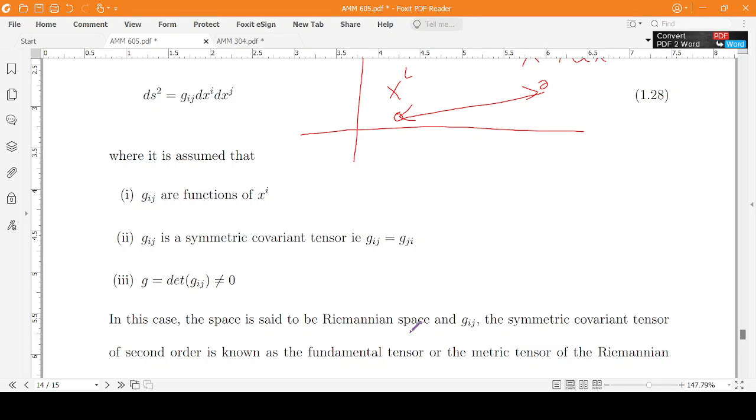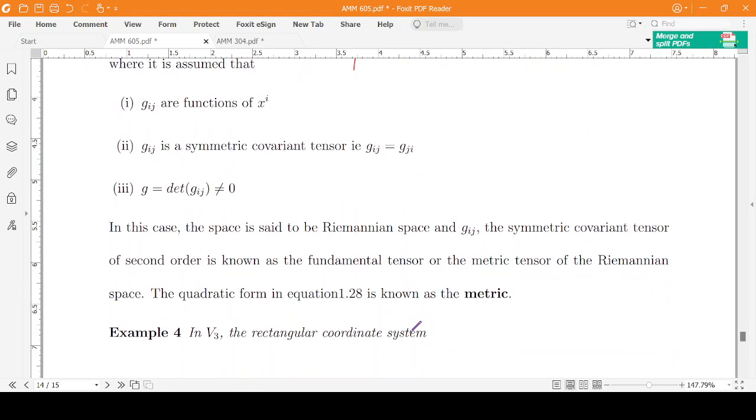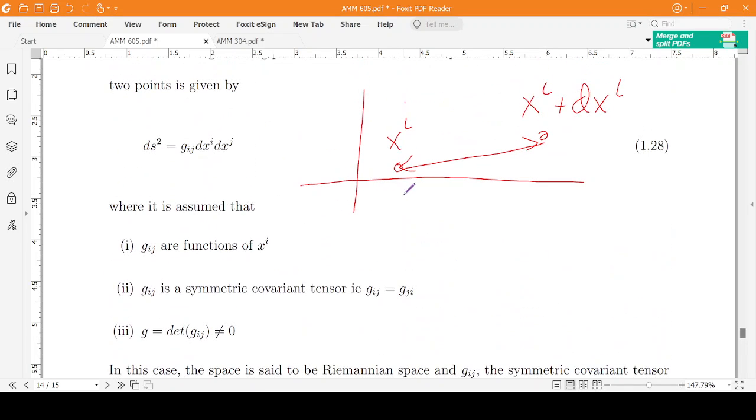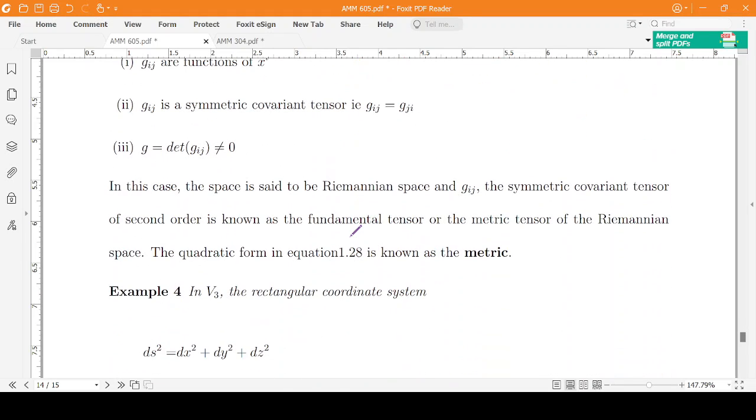In this case, the space will be said to be a Riemannian space, and gij, the symmetric covariant tensor of second order, is known as the fundamental tensor or a metric tensor of the Riemannian space. Now, the quadratic form given here in this equation 1.28, we call it a metric.